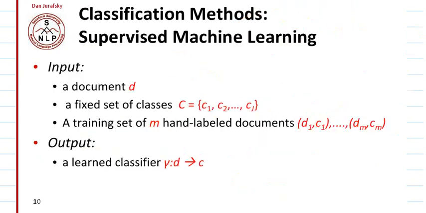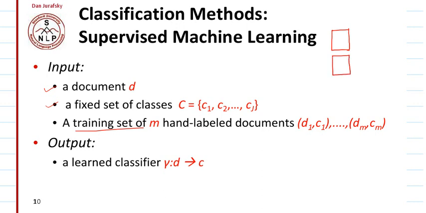But if we are using the supervised machine learning framework, then apart from the document and the set of classes, we also require training data of M hand-labeled documents. Hand-labeled means that some documents must be assigned their categories by some human being.